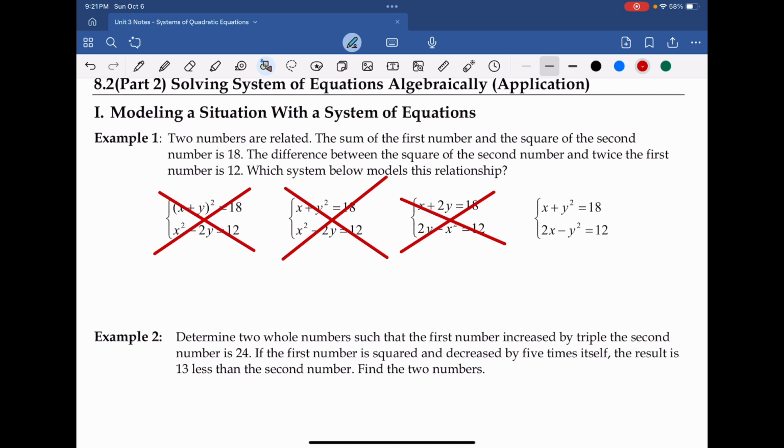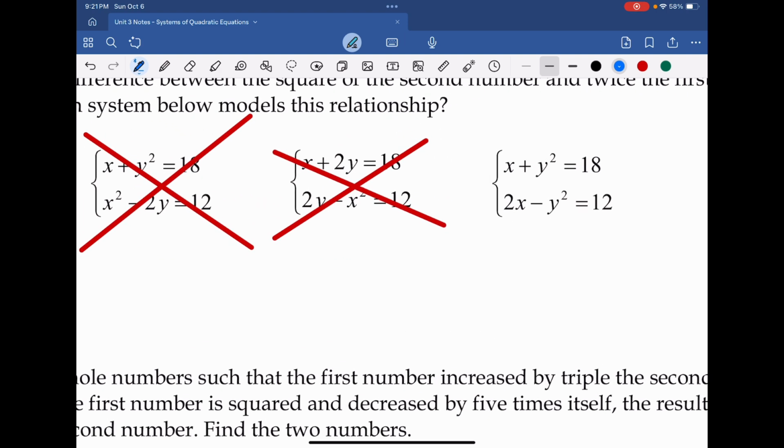That leaves us with the fourth one, and before we highlight this and say, hey, this works, we need to be very aware of a little piece within the sentence. They say that the difference between the square of the second number and twice the first number is 12. They said specifically in that order that it's the square of the second number minus 2x, which was equal to 12.